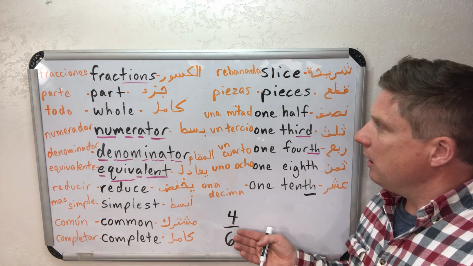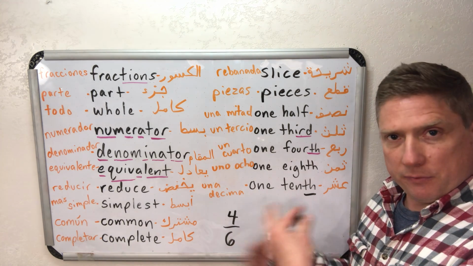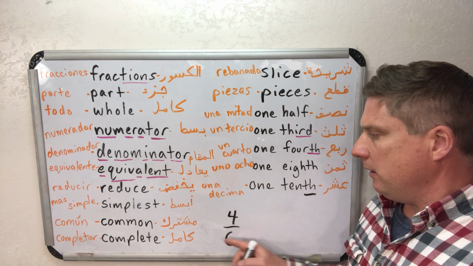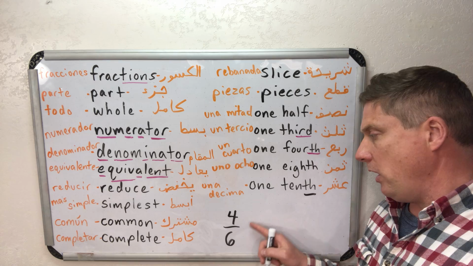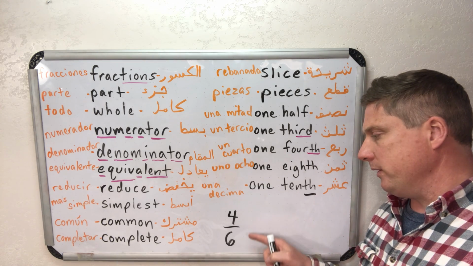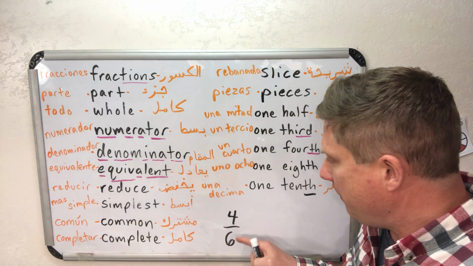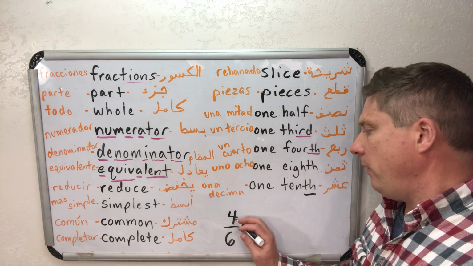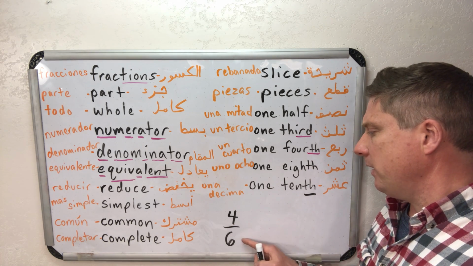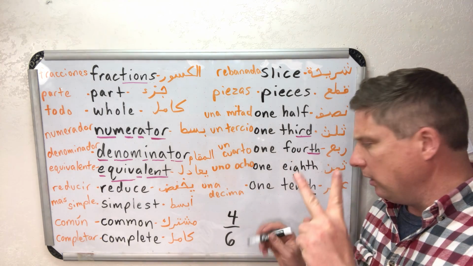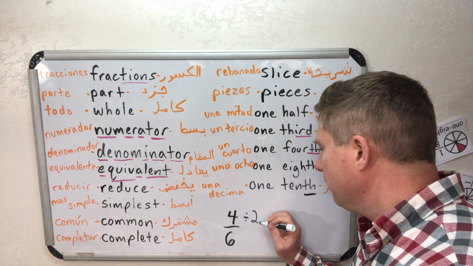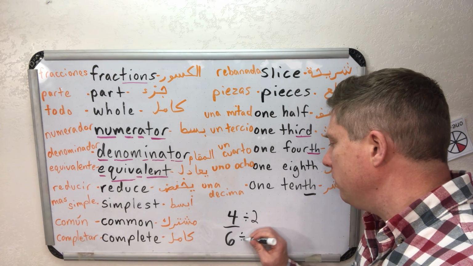So first we're going to try to find a common factor, a number that goes into both 4 and 6. So why don't we say 4 and 6? We can use 2 because we can divide 4 by 2 and we can divide 6 by 2.